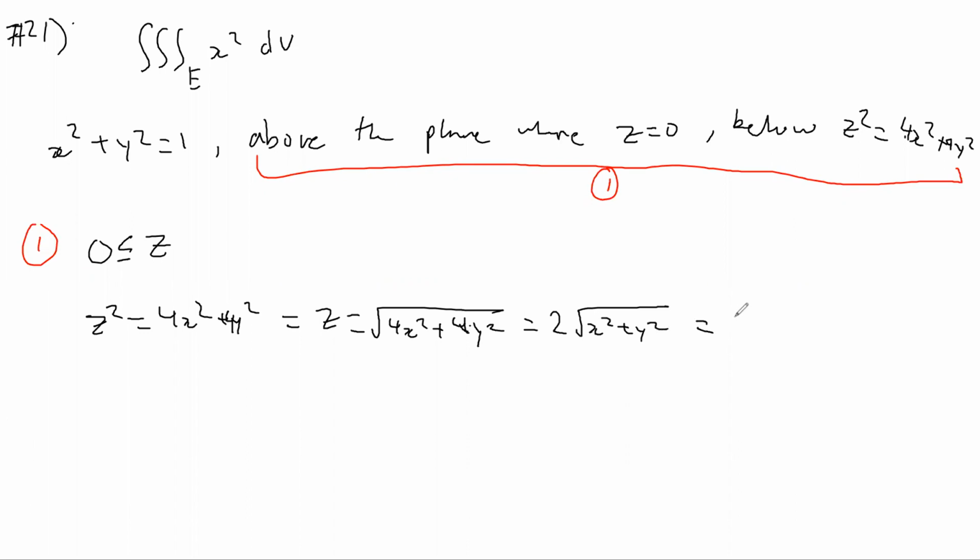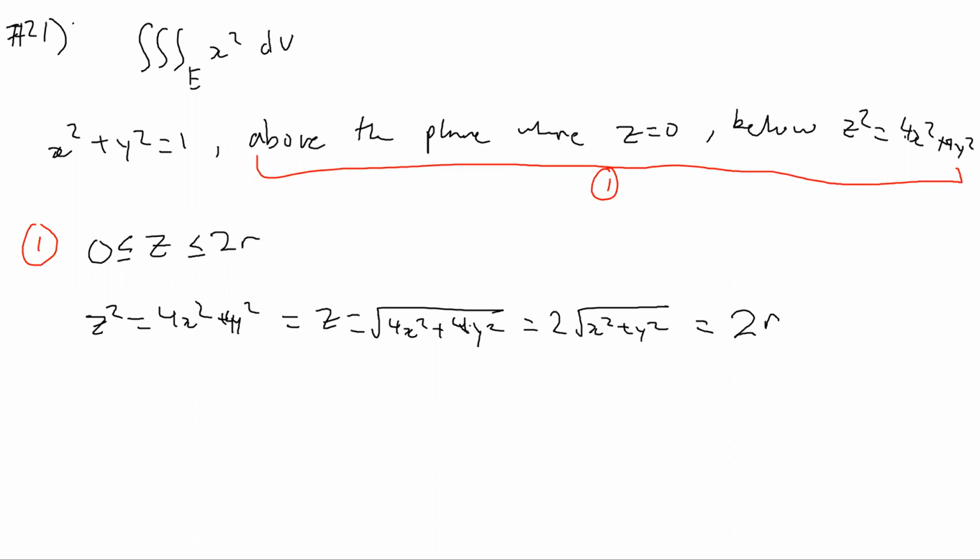Finally, we can rewrite this as 2r. Again, you want to make sure that all your values are in cylindrical coordinates. So we can say that z is bounded between 0 and 2r.